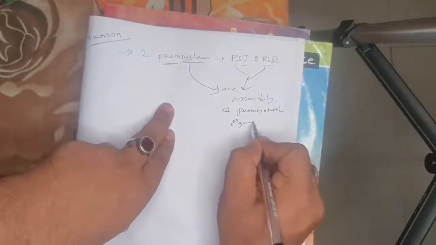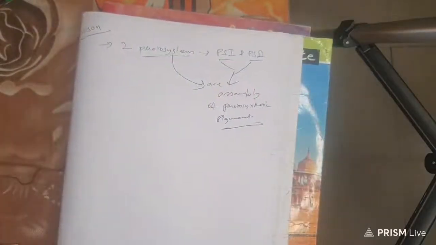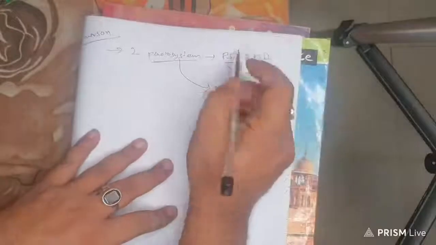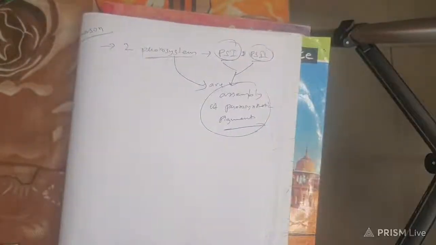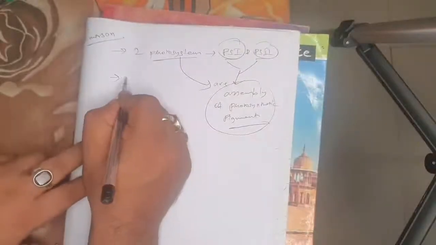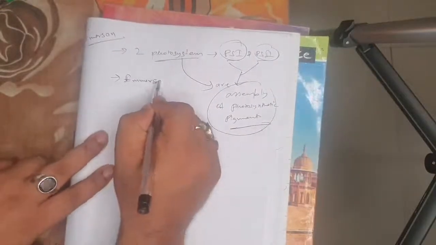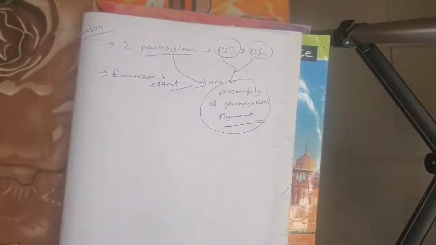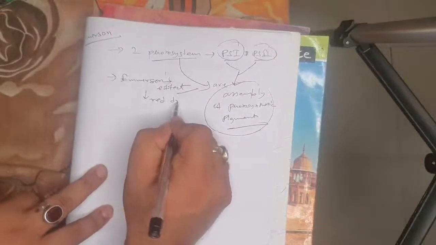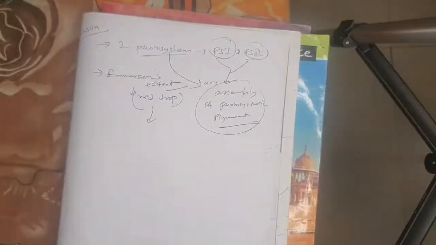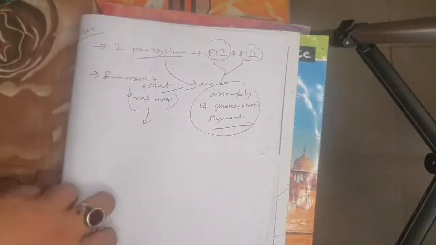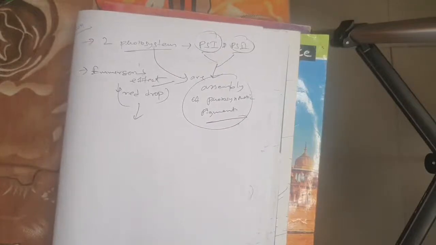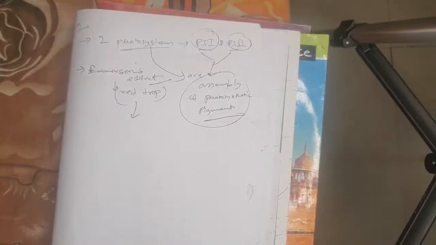There is not just one kind of photosynthetic pigment, but a lot of kinds of photosynthetic pigment in a higher plant, and they exist in two assemblies, photosystem 1 and photosystem 2. And this was said by Emerson. Emerson gave the Emerson's effect, which we'll learn in detail in our coming classes. And this Emerson's effect gave us an idea of red drop, which also gave us an idea of photosynthesis. The detail of this is more important, and we'll go into it very soon. Okay, and then Emerson also said that, hold on for a second.